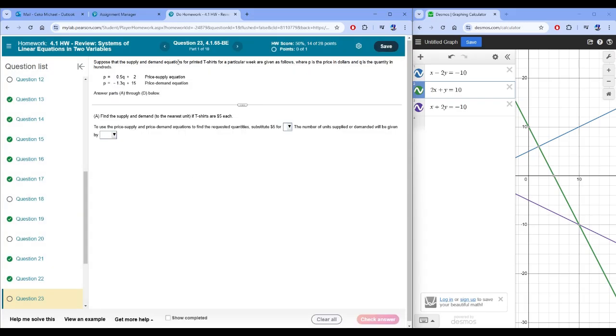Suppose the supply and demand equations for printed t-shirts for a particular week are given as follows, where P is the price in dollars and Q is the quantity. Find the supply and demand if t-shirts are $5.